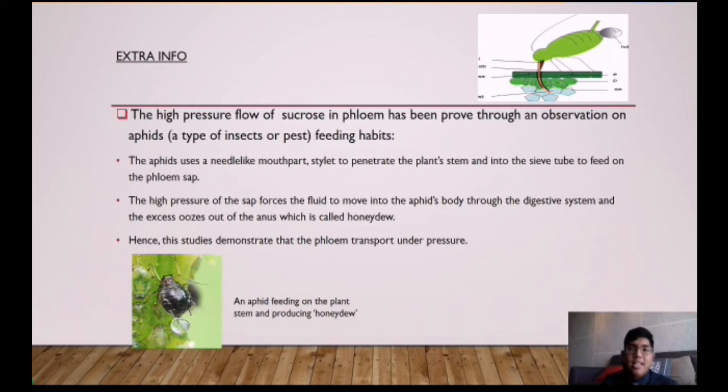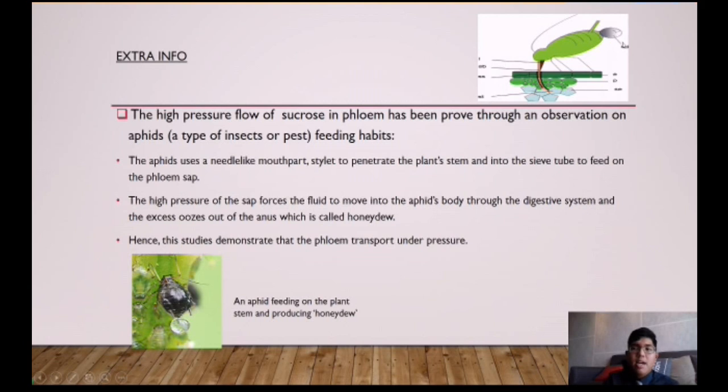Instead, the pressure from the phloem flow forces the fluid to move inside the digestive system until it becomes excess, and the excess sap oozes out of the anus of the aphids, and it is called honeydew.